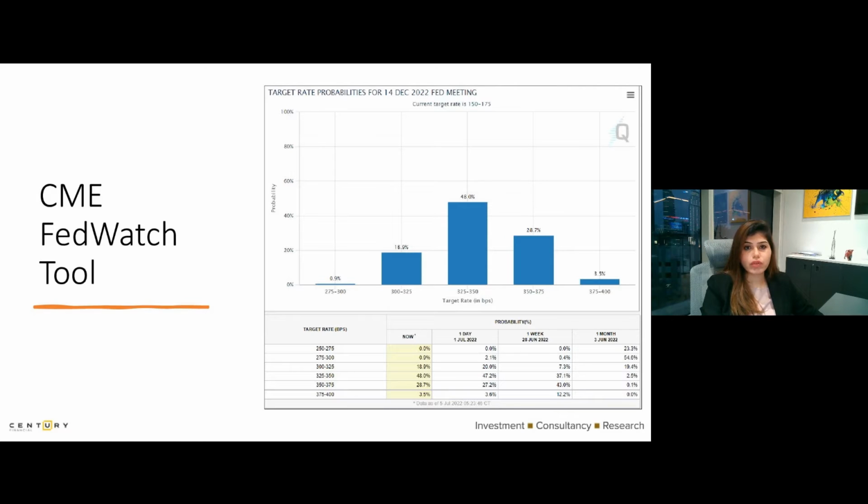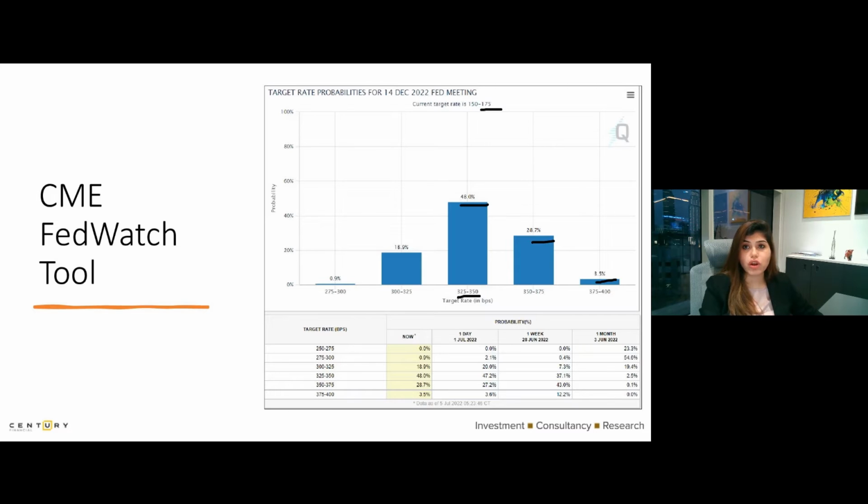Now, if you can see over here on this chart, it already shows that there is almost an 80% chance, if I were to add all of this, that by the end of this year, the interest rate will be 3.5%. Okay, the current interest rate is 1.75%, and by the end of the year, there's an 80% chance that it will be 3.5%.